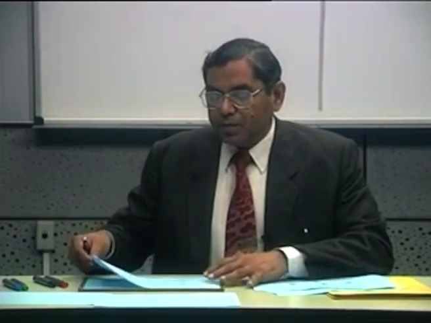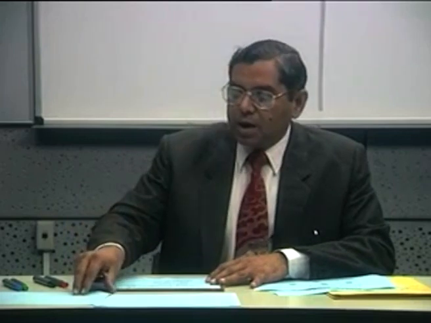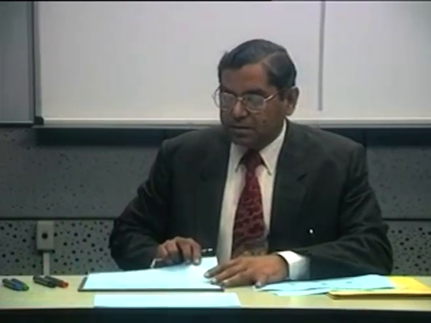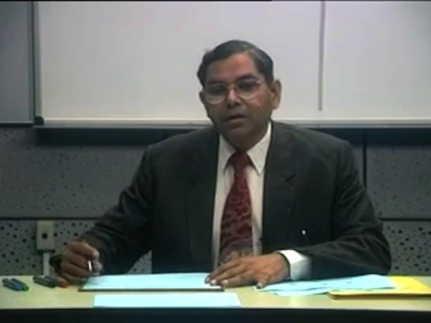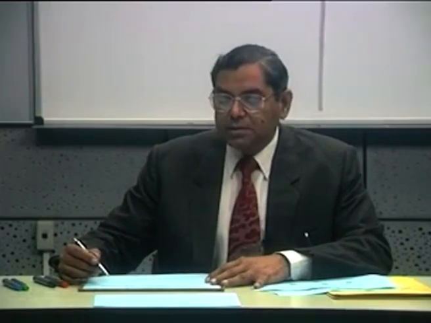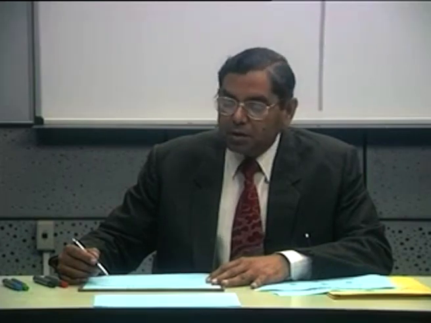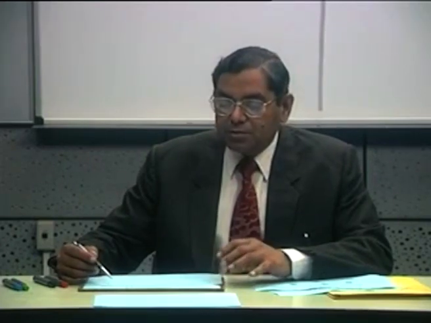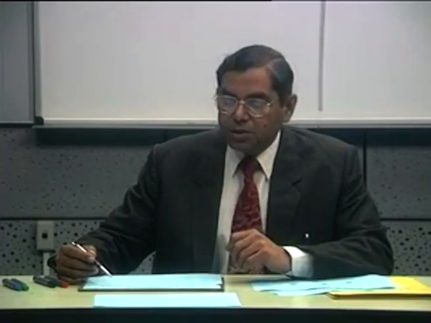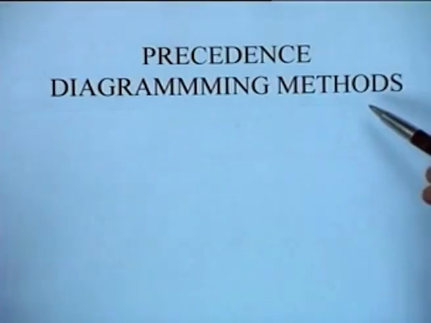Now, after having talked about the basic scheduling in AON networks, we are going to be talking about a very important class of specialization of AON networks known as precedence diagramming methods.